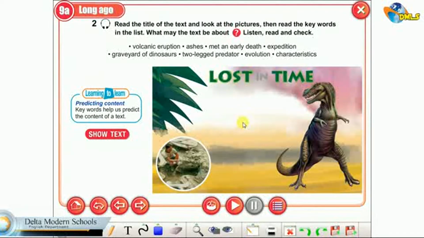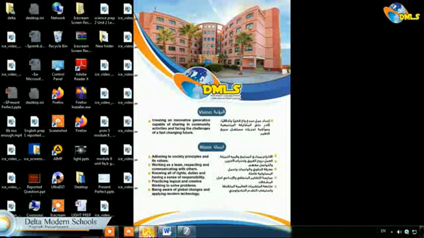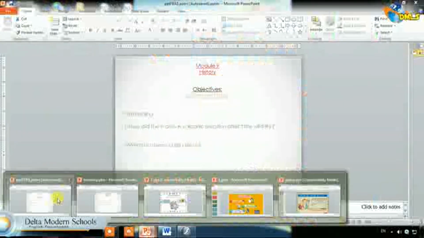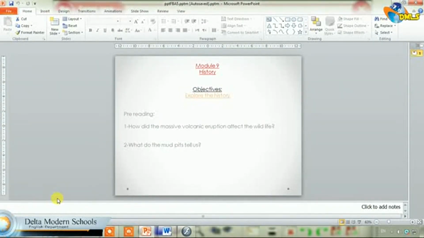Okay. Now we are going to read the text, but before we read it, I want you to answer some questions. Let's see these questions. Can you read question number 1? Okay. How did the massive volcanic eruption affect the wildlife? Question number 2. What do the mud pits tell us?